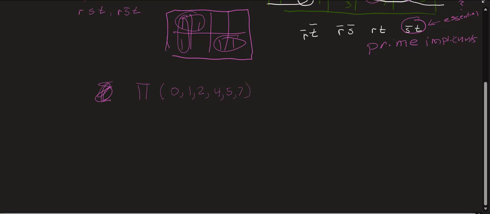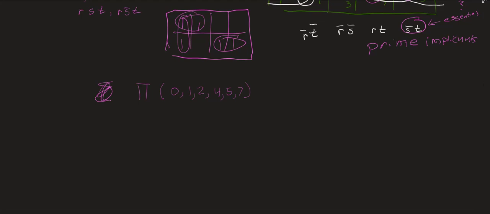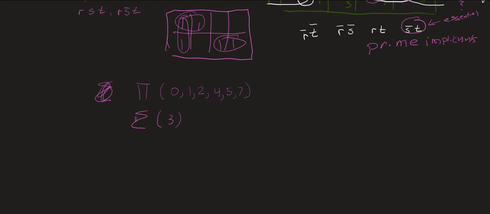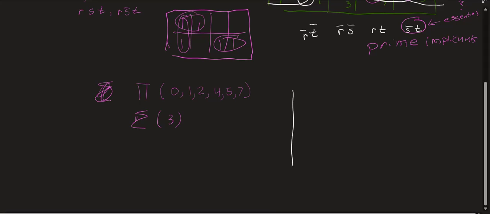Now, if you had to do this one, it'd be a lot easier to do it as minterms, because as minterms, it'd be just 3 and 6 too. But we're going to do it as maxterms for fun.